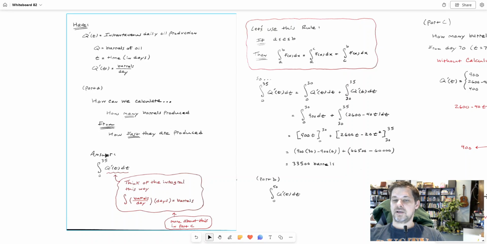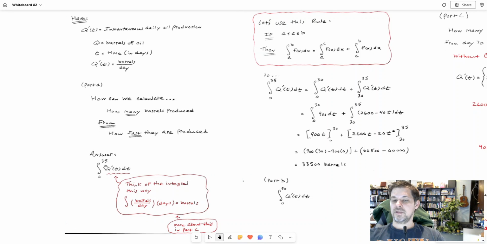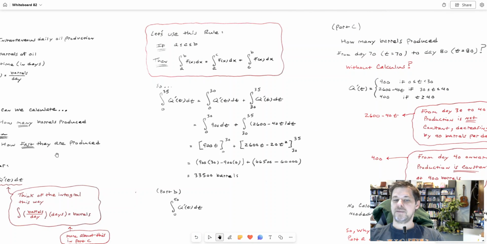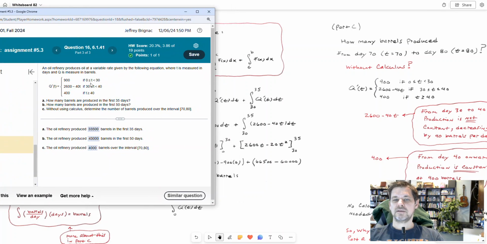As far as how I would evaluate this particular definite integral, I wanted to do it like this. I set out to calculate this definite integral from t is 0 to t is 35. But I noticed that this function I'm working with is a piecewise function, meaning the formula for our production rate depends on what t is.